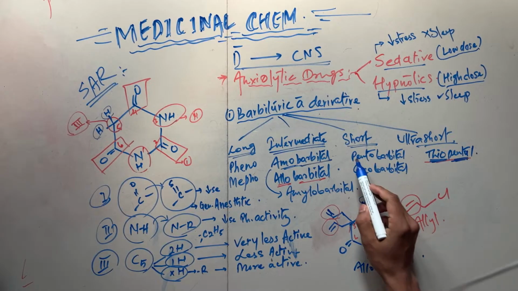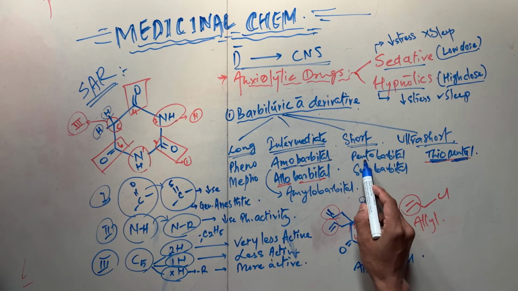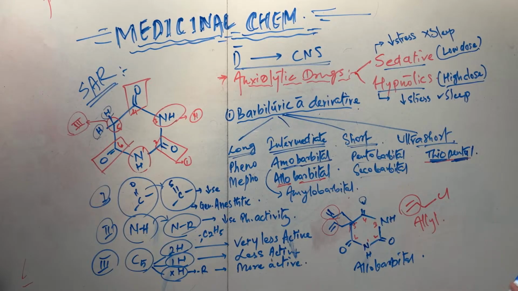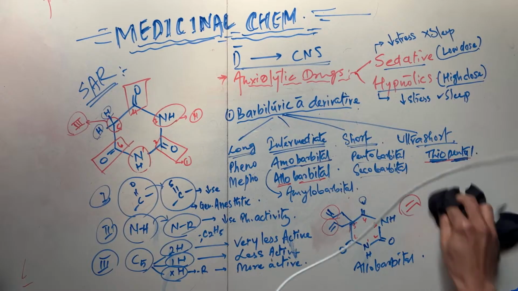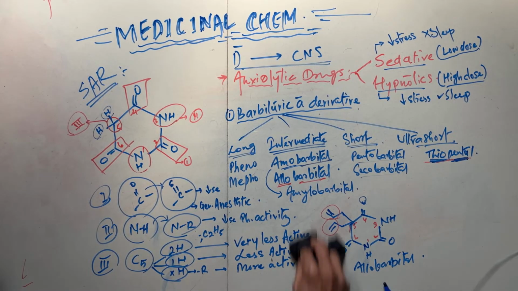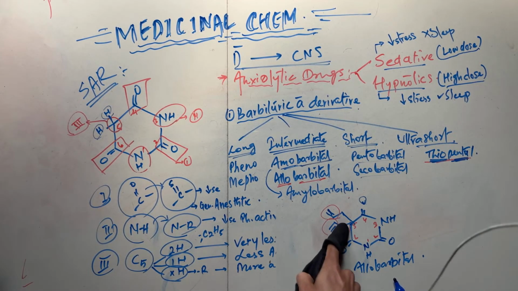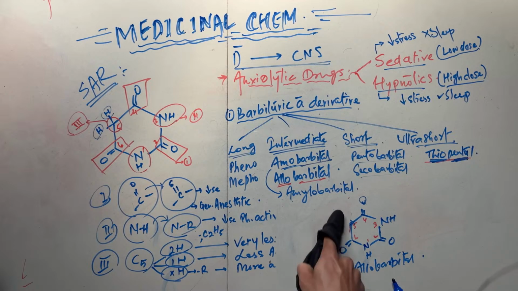Next we will see the structure of short acting barbiturates. So what are they? Pentobarbital and secobarbital. Again, barbital means the barbituric acid structure, the structural scaffold, it will be as it is. Now the changes will be at 5th position, or the modification will be done at 1 2 3, that I have already told you, right? So in the case of pentobarbital, what will happen?